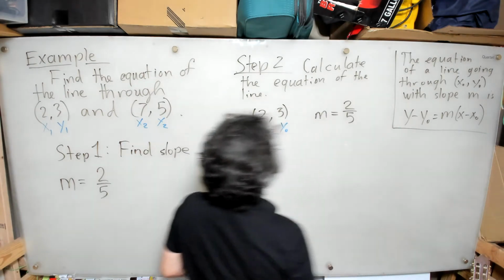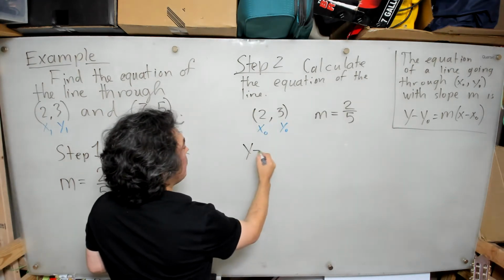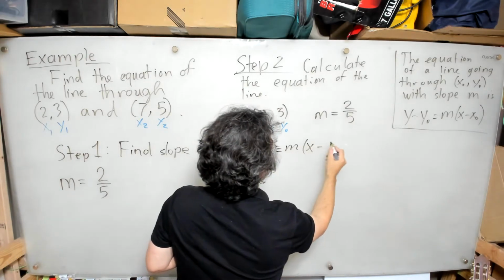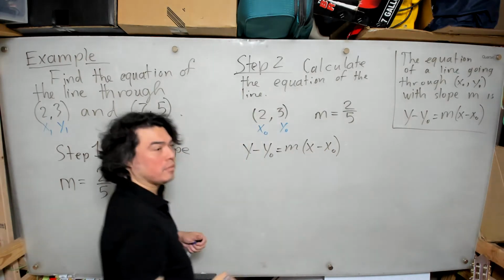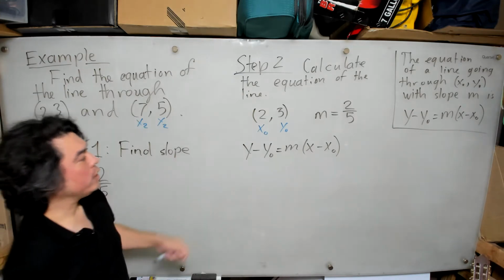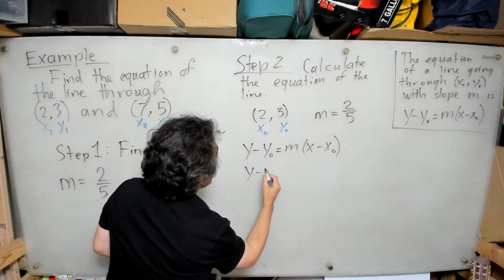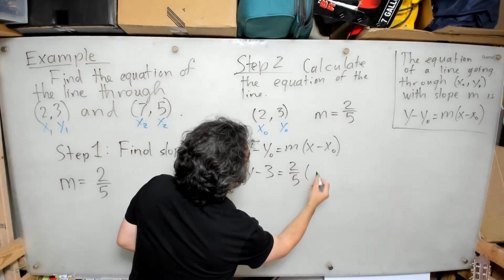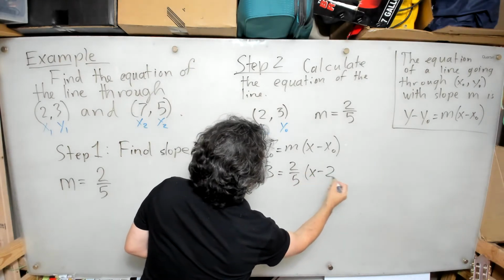Okay. So now we can plug in. y minus y naught equals m times (x minus x naught). Okay, guys? Now we're going to plug in our points. y minus 3 equals 2/5 times (x minus 2).